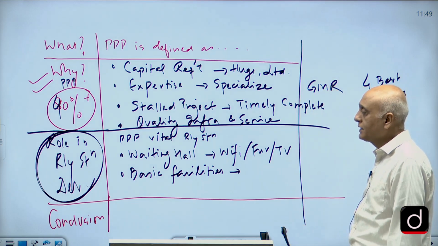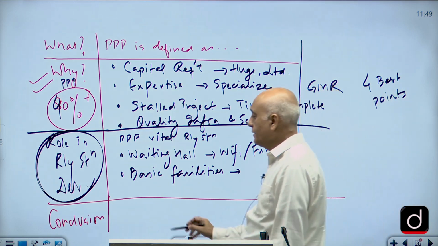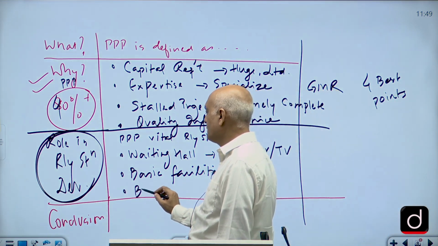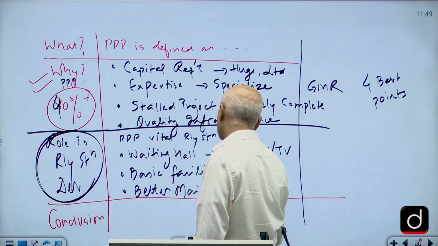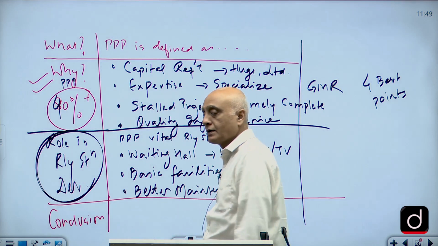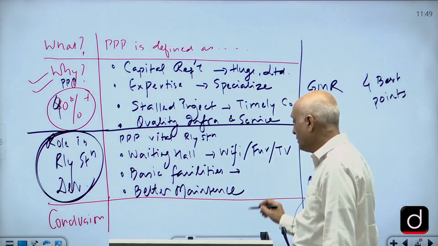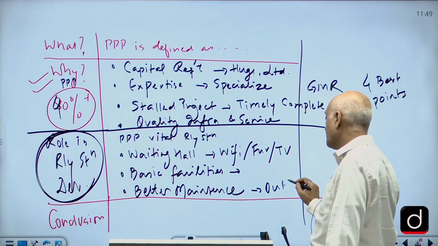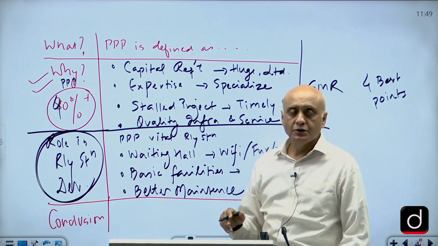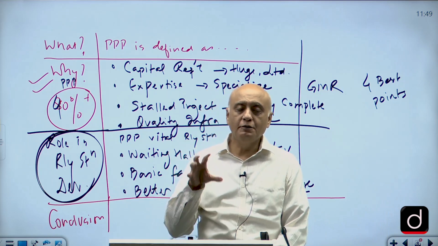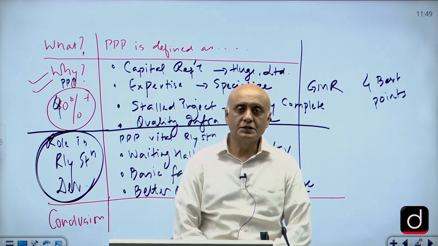So when the private sector is there, then they have a super specialization again in maintenance, because they do outsource the service part. So again, it is based on super specialization. Railway is managing the railway operations.